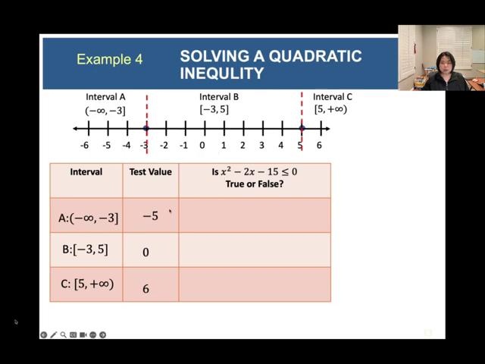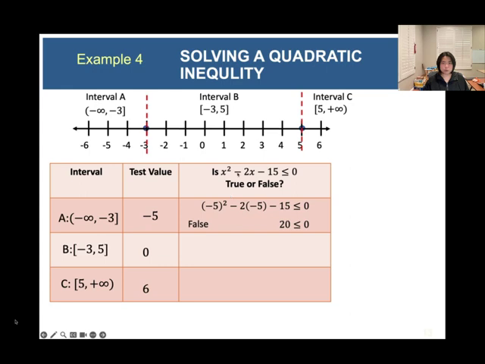Then we're gonna plug the test values into our original inequality to see if we get a true or false statement. The first one will be equal to 20. Is 20 less than or equal to 0? No, right? This is a false statement.